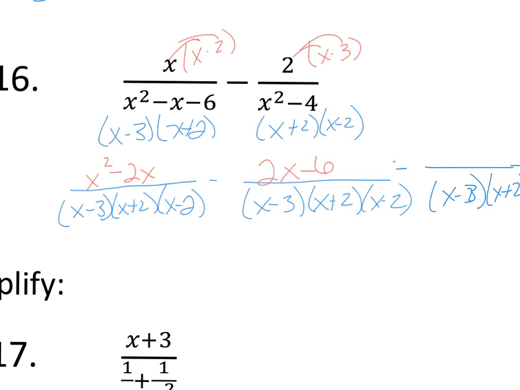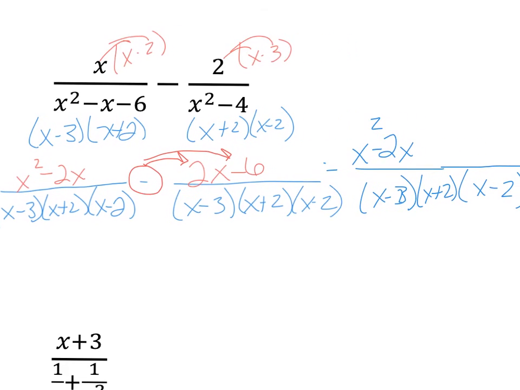This negative right here needs to get distributed to both of these terms when we bring them over to here. So we have x squared minus 2x. Then we're going to have a minus 2x and a plus 6.